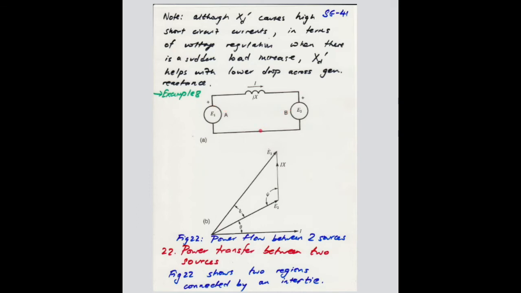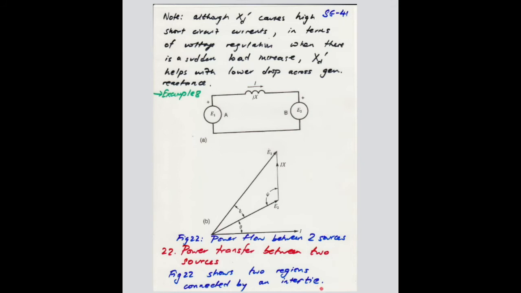So this equivalent circuit is representing two load centers and an intertie, which is a transmission line between two areas in the power system.